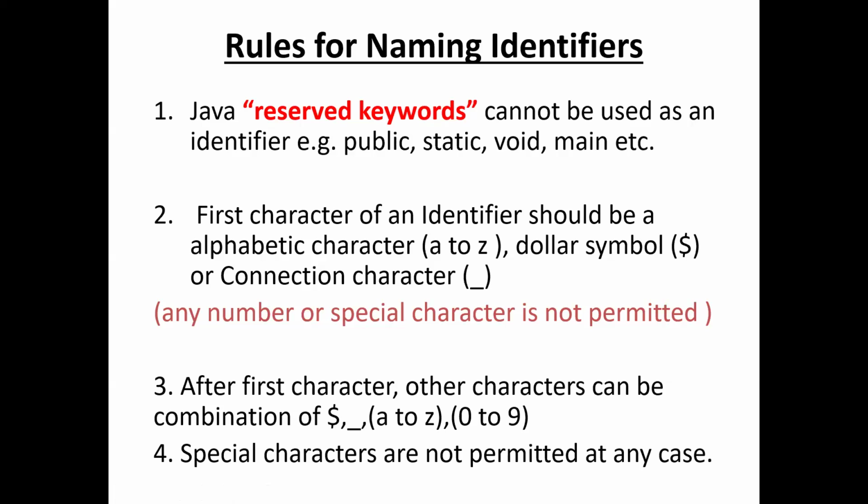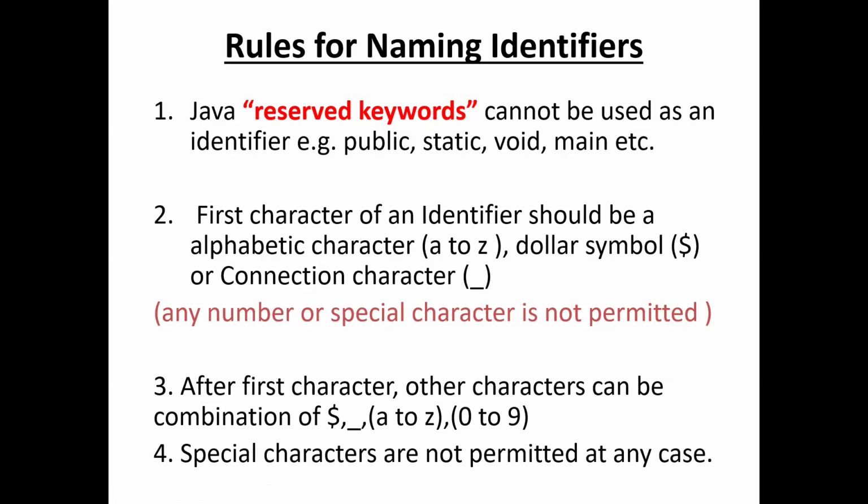Okay. So they said the first character of an identifier should be an alphabet character, A to Z, dollar symbol, or connection character, that's underscore. Any number or special character is not permitted.